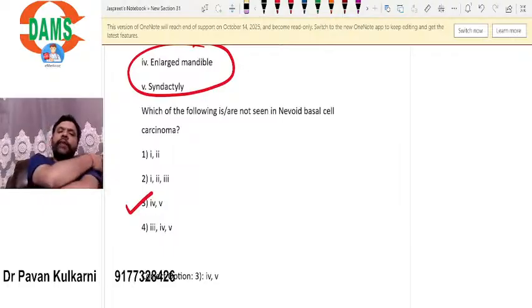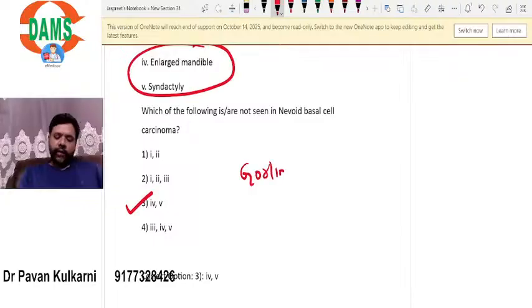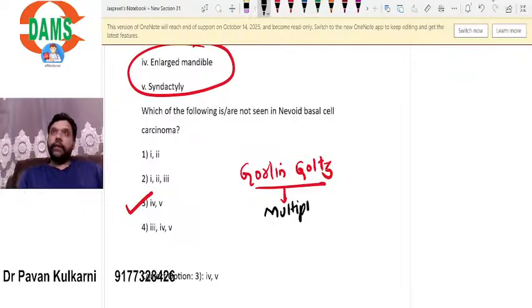So what is nevoid basal cell carcinoma syndrome? It is also known as Gorlin-Goltz syndrome, where the patients will have multiple OKCs. Please remember, there is nothing to do with syndactyly here.